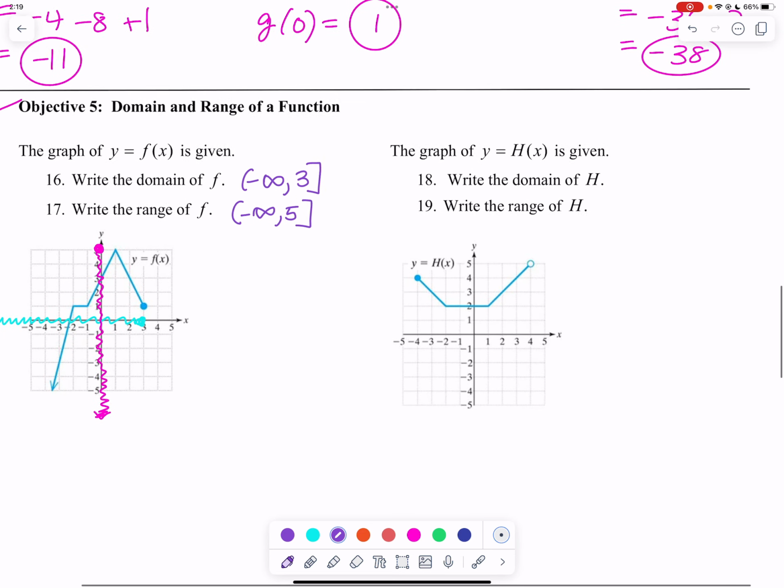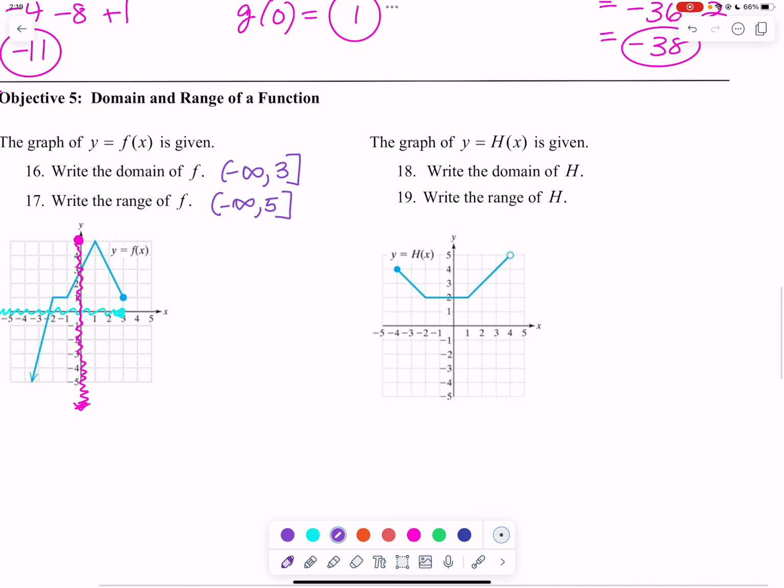Looking at number 18, our domain, as you can see, we are going to start at x equal to negative 4 and go all the way to x equal to 4. So we are going to have negative 4 to 4 and not including x equal to 4. And then we have the range.